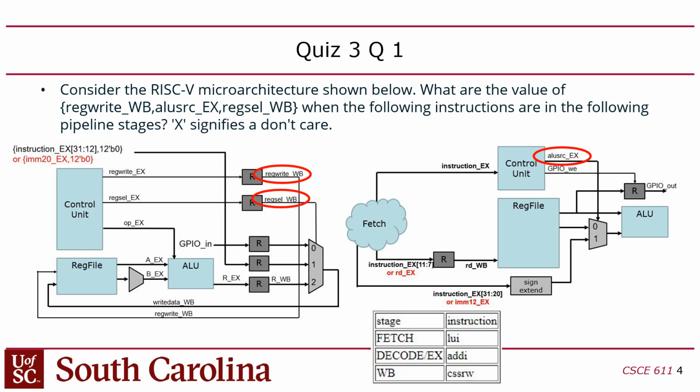Although, I think if you do the CSRW, if you're writing the hex displays, you're going to want to set the destination register to 0. Right? That way it can't cause any damage if you set the reg write to 1. You guys with me?